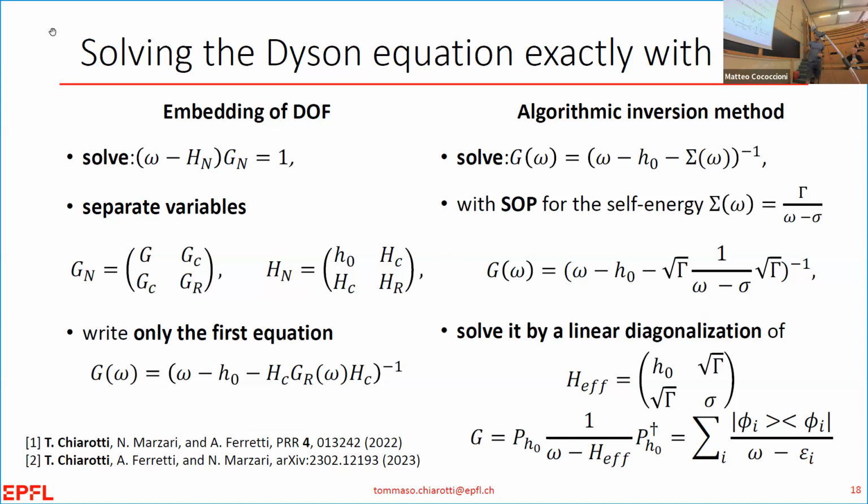All right. So it's not complex. It has to do only with embedding theory, if you want. So why did I explain how to get the Dyson equation before? Exactly because it is helpful to understand what happens in the algorithmic inversion method, which is our method to solve the Dyson equation.